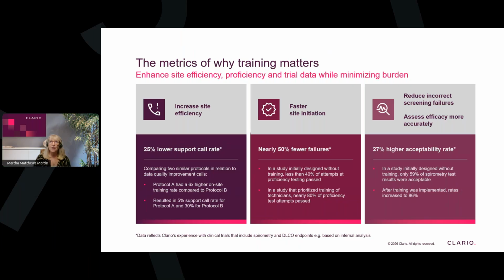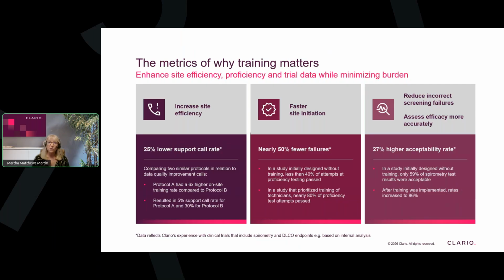So again, that gets your site staff up and ready to work their way with patients and collect that data and get your enrollment going very quickly. So again, pretty significant improvement there.